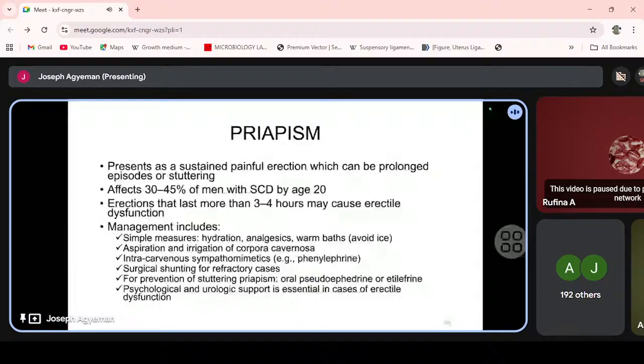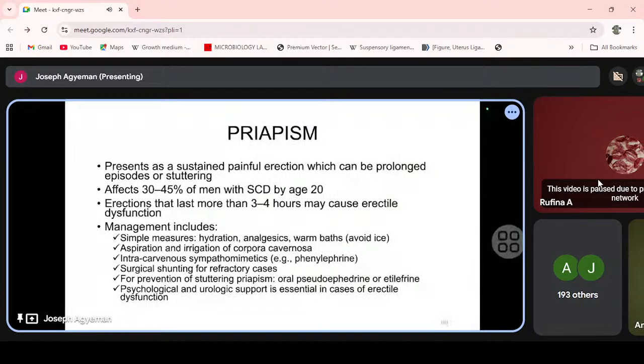You can also give sympathomimetics to constrict the blood vessel so as to avoid further inflow, especially after aspiration. You inject a vasoconstrictor so that you don't get further flow of blood into the penis to cause the erection to happen again. By here, what we normally give is adrenaline.